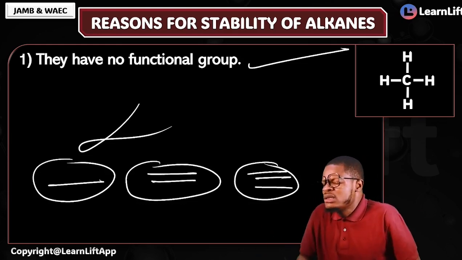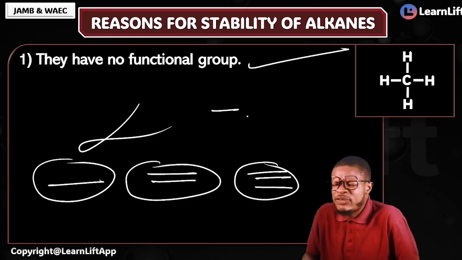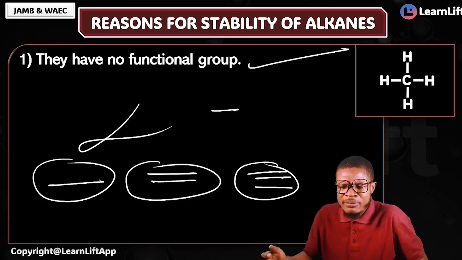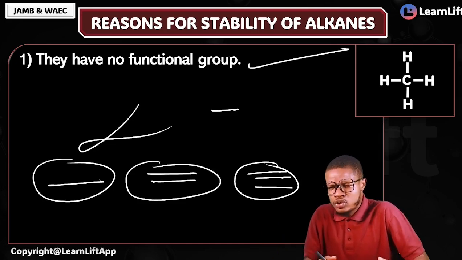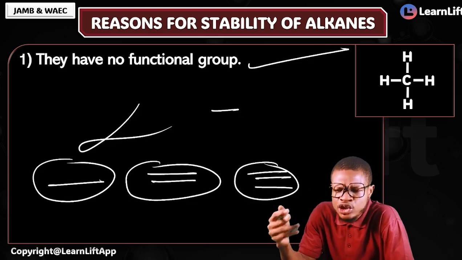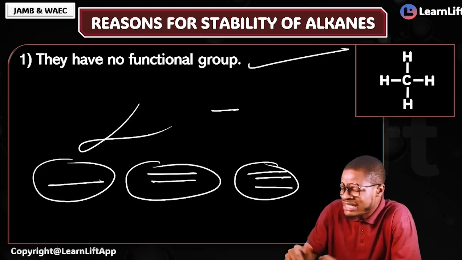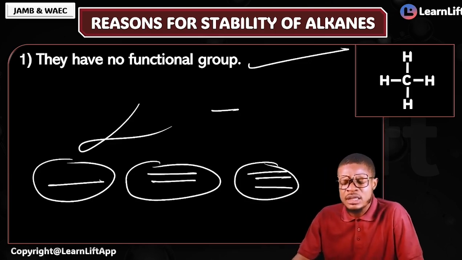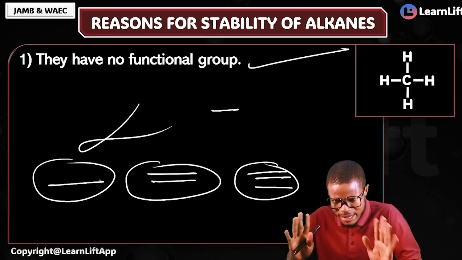Because the single bond that you see, in any organic compound you draw, you will be adding single bonds to hydrogen and all of those things. You don't consider single bond as functional group. Functional group must be something unique, peculiar to you alone. That's what functional group is. Does it make sense?